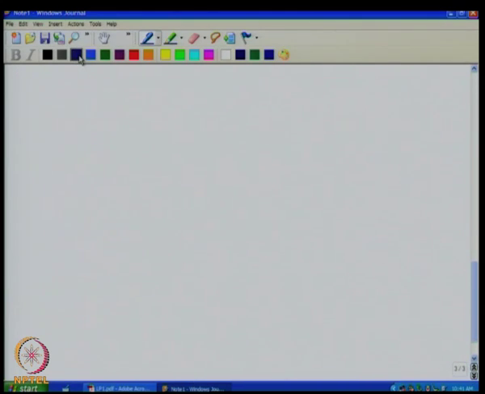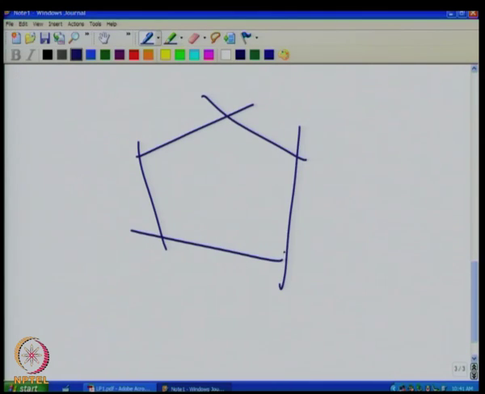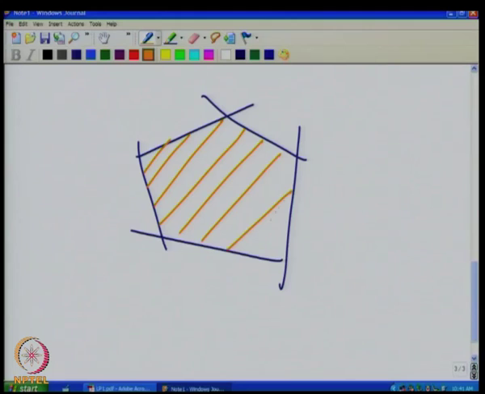So, let us assume that the constraint set is this set, and let us assume that the solution lies in the interior of the set.